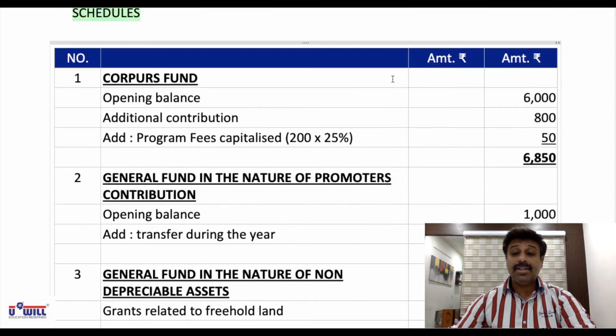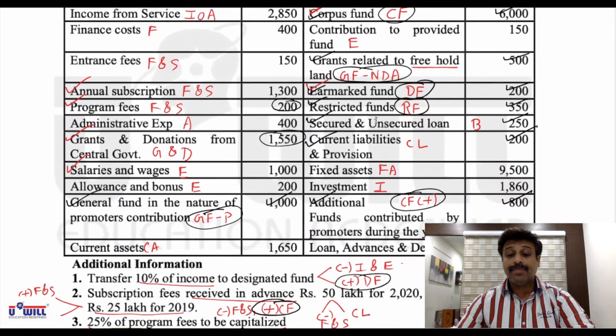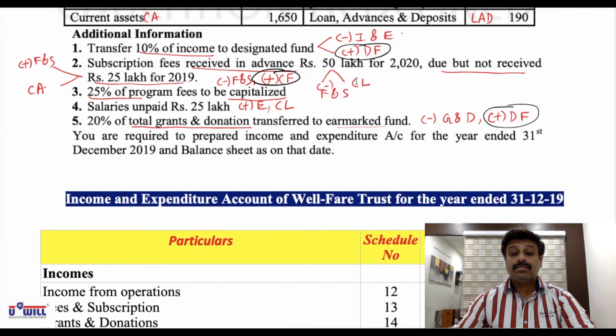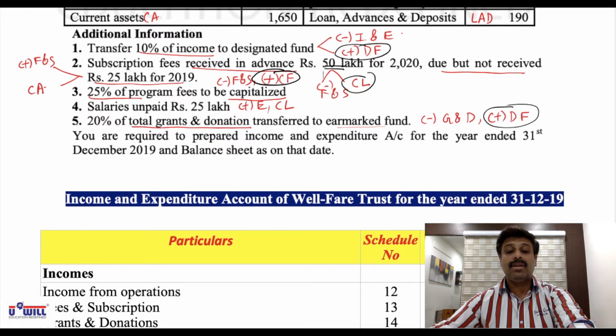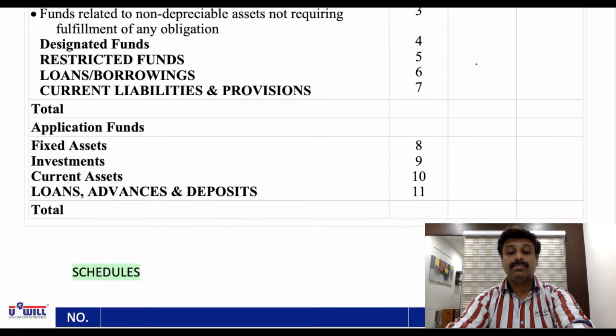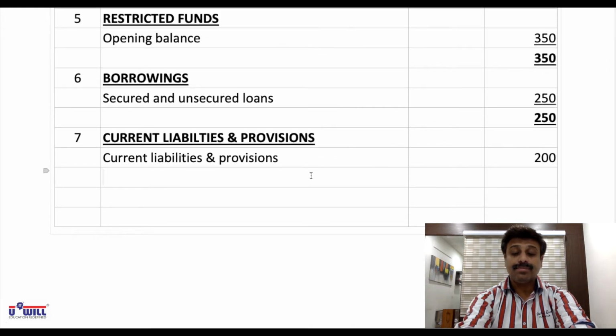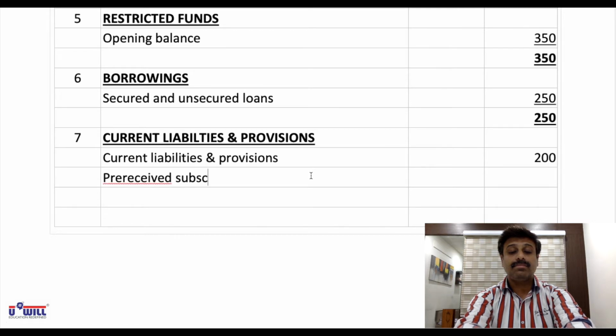Now other than that in adjustments what do we have? Okay, CL marked items. Current liability we have marked this 50 lakhs. Subscription received in advance 50 lakhs. Pre-received subscriptions 50.